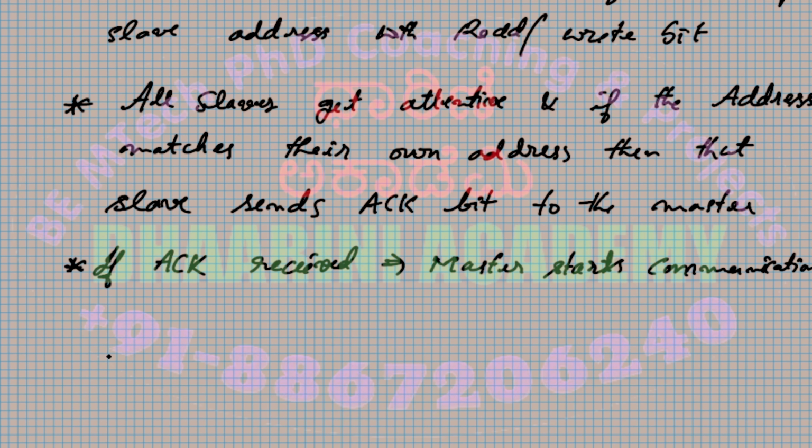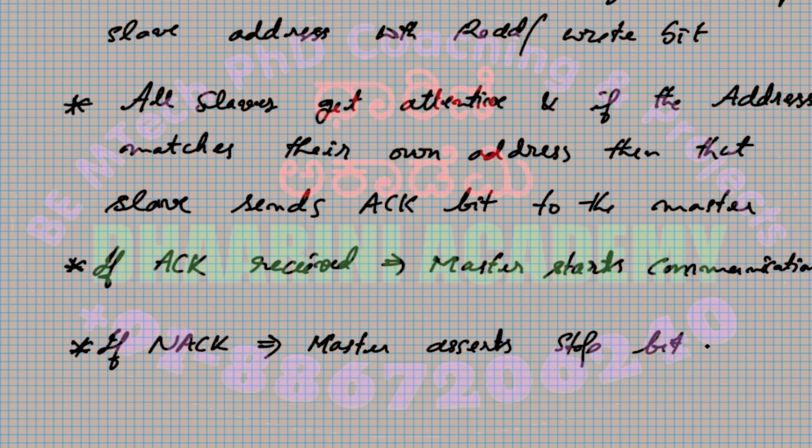If no ACK, that means acknowledgement is not received, so the master asserts the stop bit to stop the communication. Is it okay? Fine. Now we have to look at the form in which the data gets transmitted.